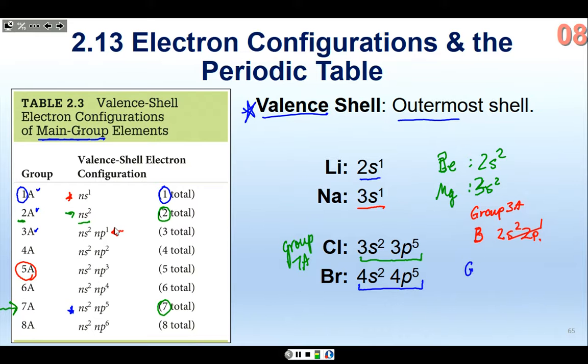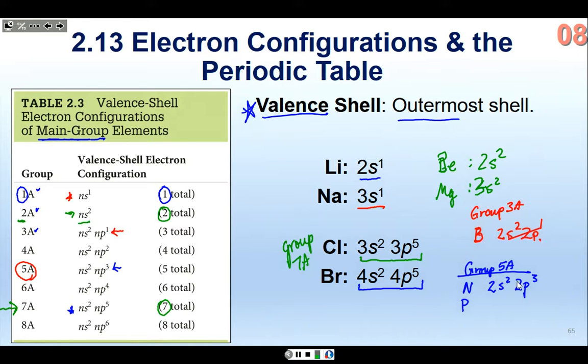So group 5A, well, let's start with nitrogen. And its friend below there would be phosphorus. And so the outermost electrons for nitrogen will be 2 more than boron. So we'll have 2s2, 2p3. Well, there's your 5 outer electrons, as 2 are electrons in the s subshell, and 3 are in the p subshell.